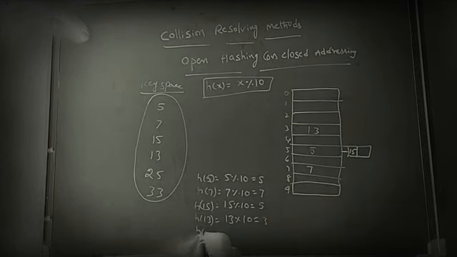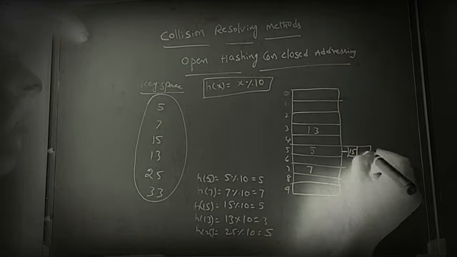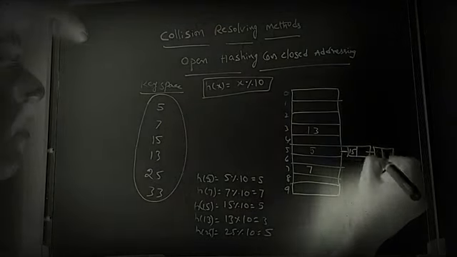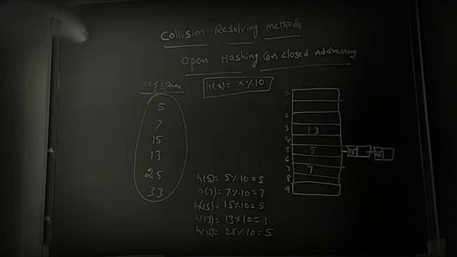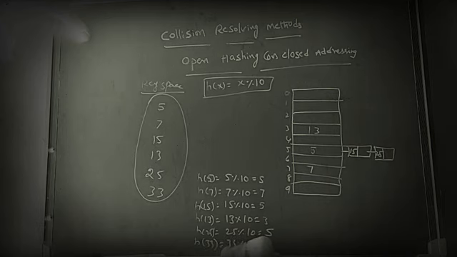Next, h of 25, modulo division 10, the remainder is again 5. So the list is extended like a linked list, connecting to another new node. Next, 33 mod 10, the remainder is 3.